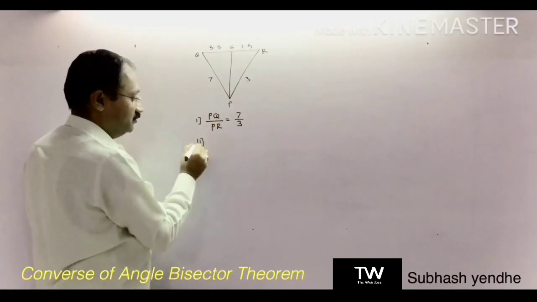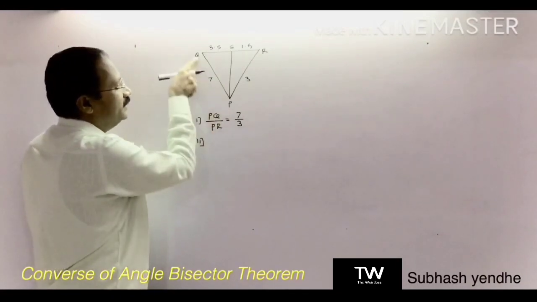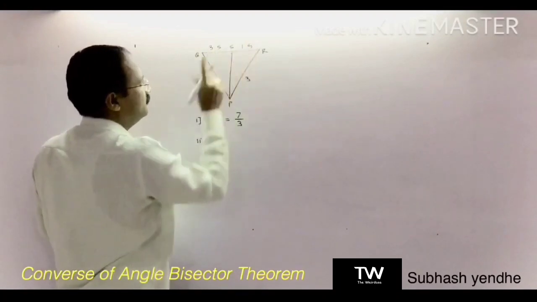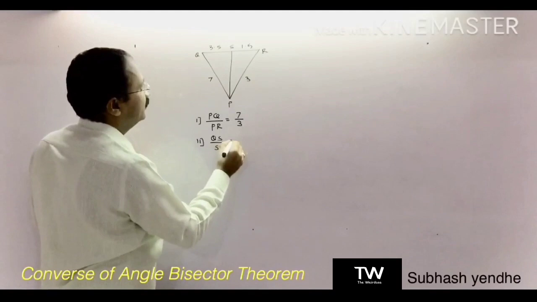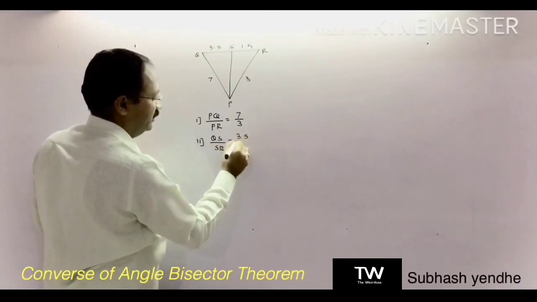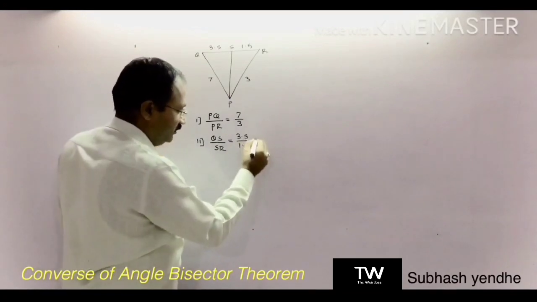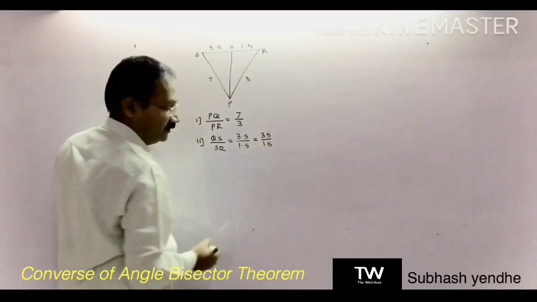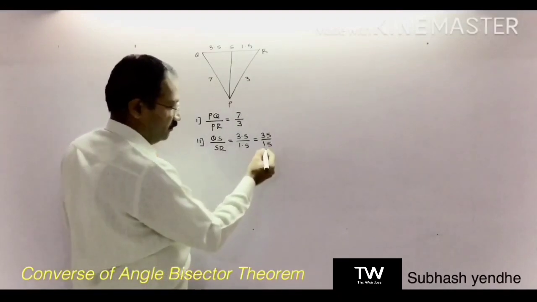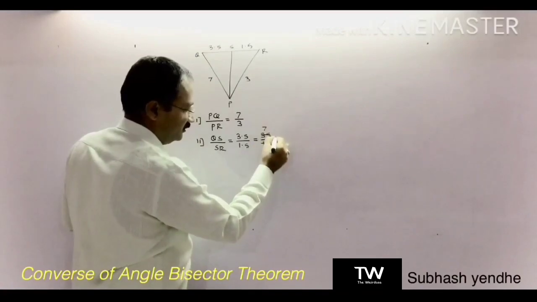Now we have to find the other ratio. You start from Q. So QS upon SR equals 3.5 divided by 1.5. If you cancel the decimals, then we get 35 upon 15. 5 3s are 15, 5 7s are 35.